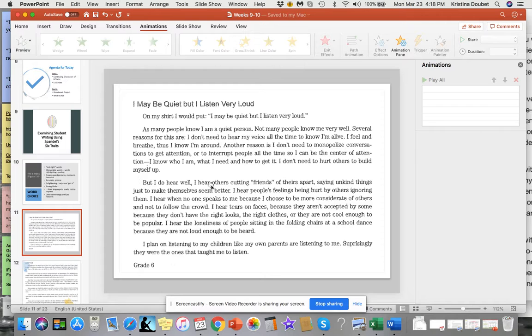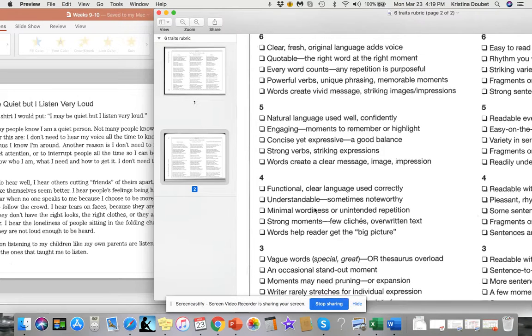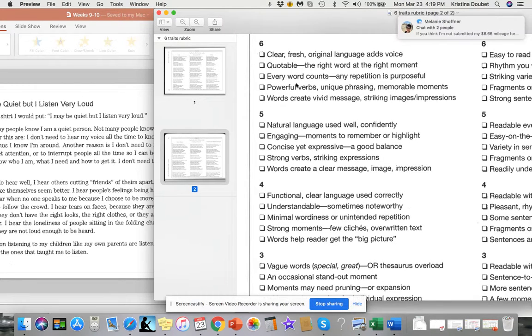I hear well, I hear. That's all very personal or purposeful. So I feel like his words create a clear message, image, and impression. I can picture those things, kids sitting there on the side of a gym on folding chairs. I can see maybe going with this, but I don't think every word counts.